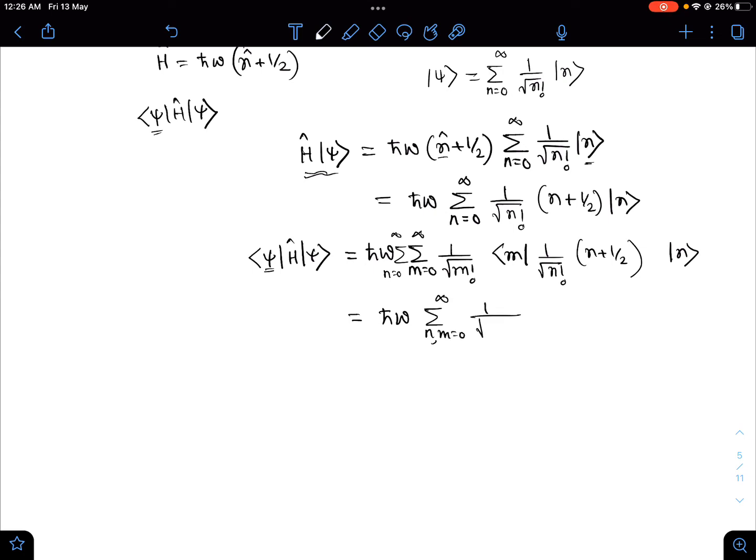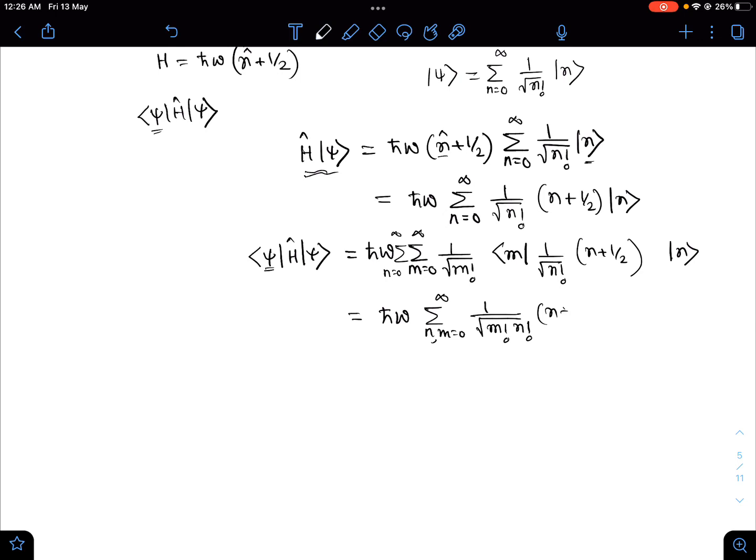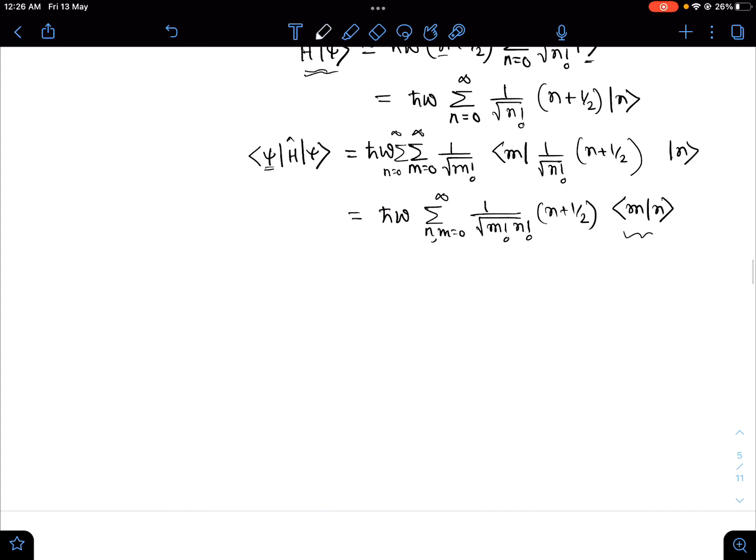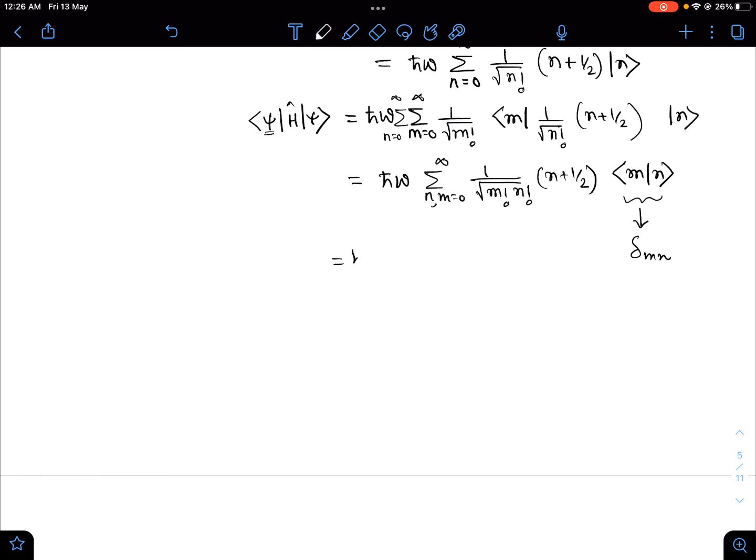We have 1 by root m factorial into root n factorial, we have (n plus half), and we have <m|n>. Now we know, due to the orthonormality condition, this is delta mn. So we will get ħω, the sum over n from 0 to infinity of 1 by n factorial times (n plus half) into 1.